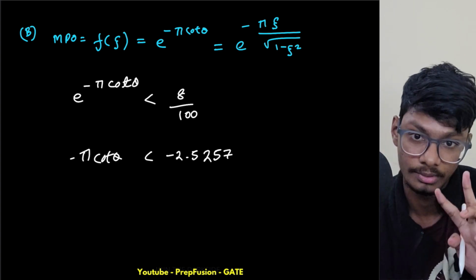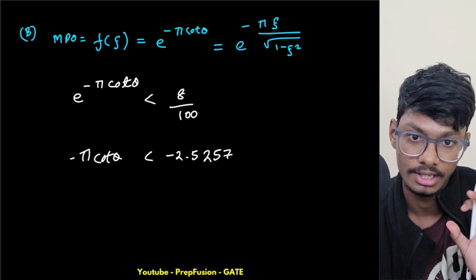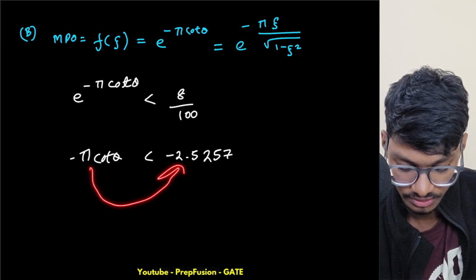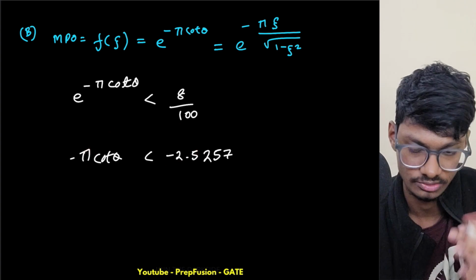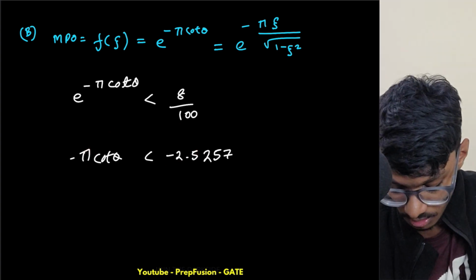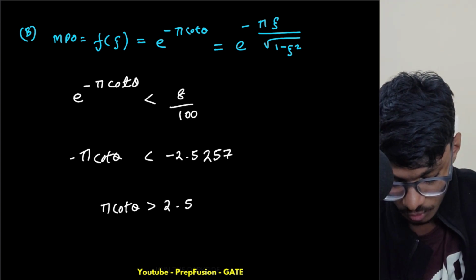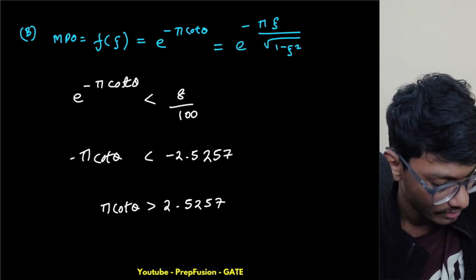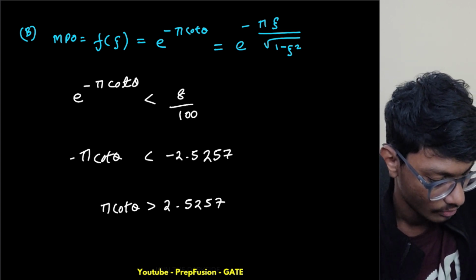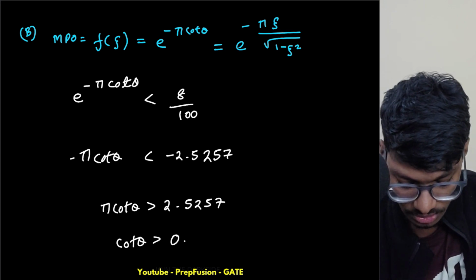Now if I multiply minus on both sides, the inequality will be swapped, obviously. So my pi cot theta has to be greater than 2.5257. Now if I divide by pi, I'm getting cot theta has to be greater than 0.8.